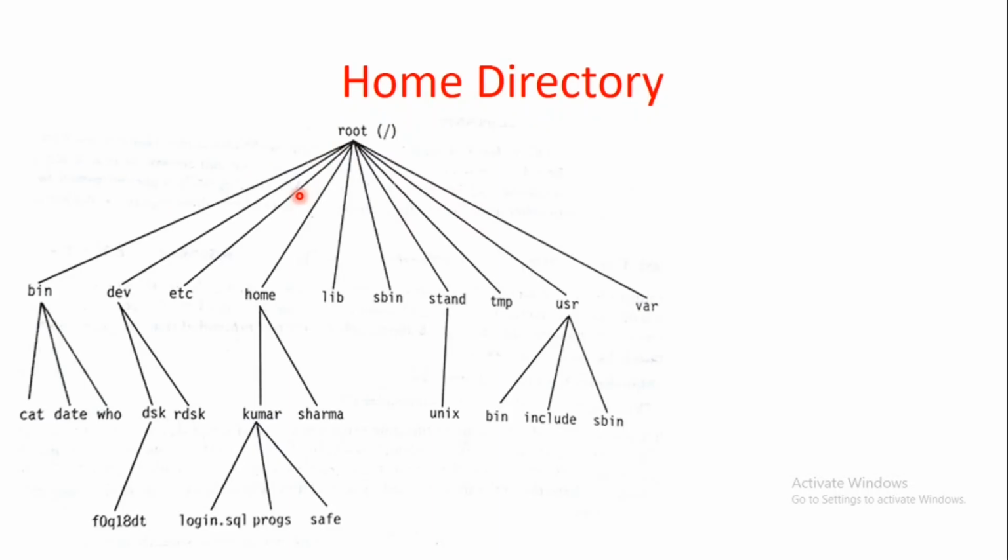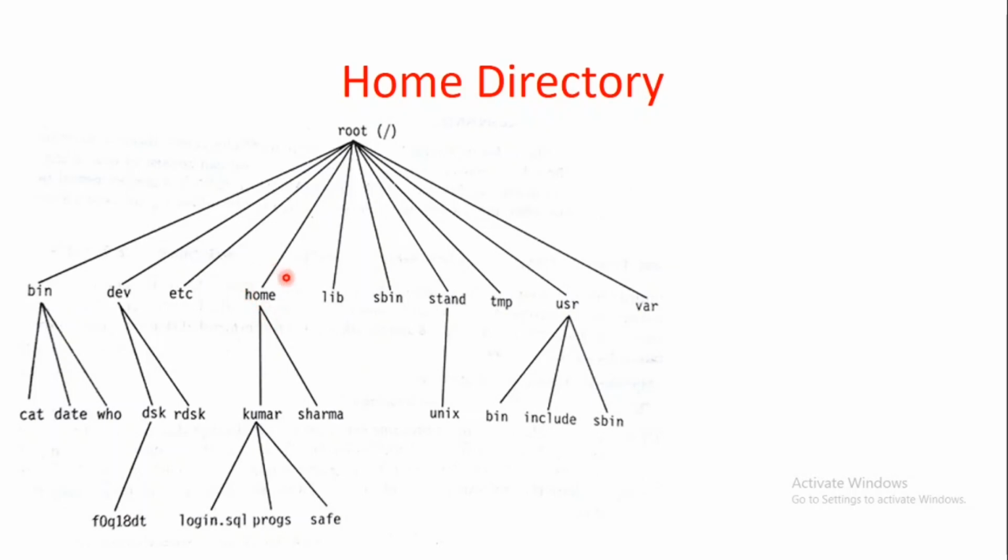Here we have a Unix file hierarchy represented in a tree structure, and as you can see, the parent of all the directories is root, which is represented by a forward slash, and under which we have a directory called home. This is the exact home directory we are referring to.